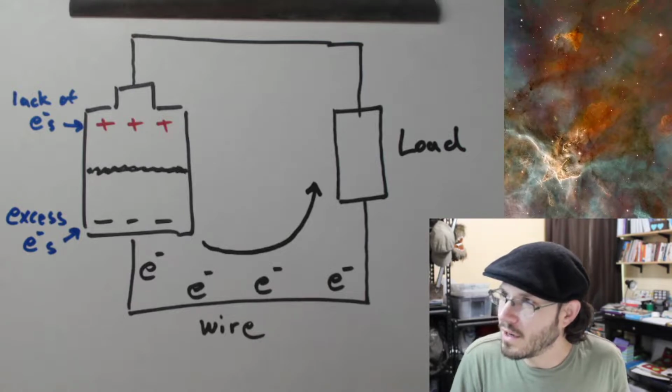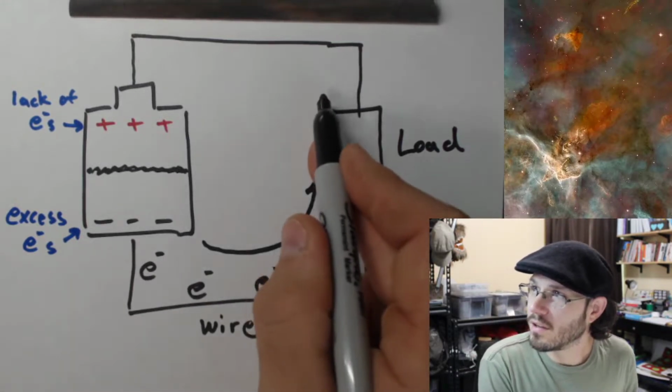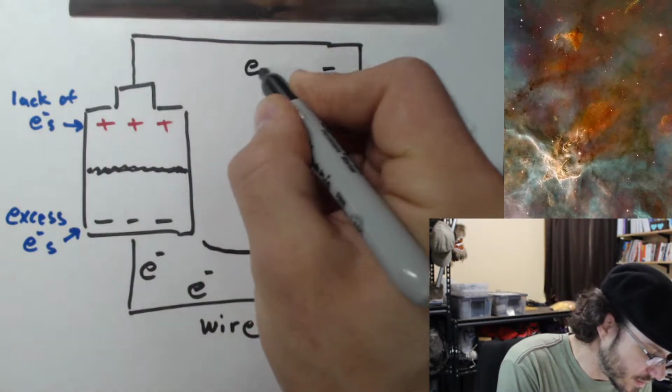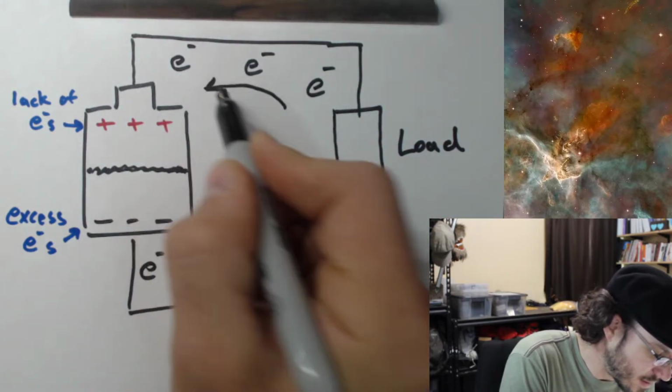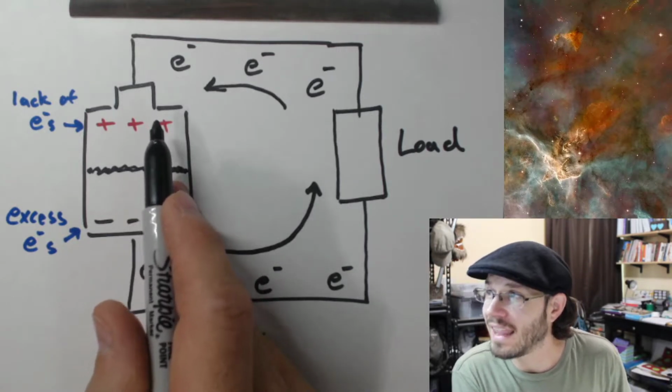See what's going on? So the E's are going to go through our load. They're going to come out of the load. They're going to return home back over to this side that has a lack of electrons.